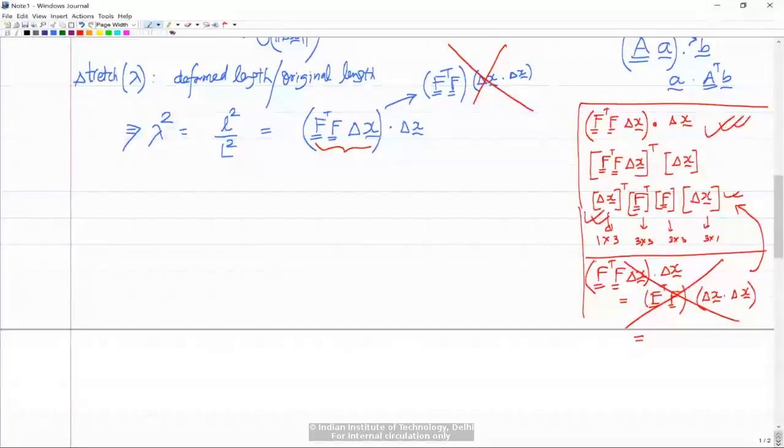So coming back to our formula, we have this thing plus big O delta x square, divided by big L square, and big L is simply delta x dot with delta x, right?